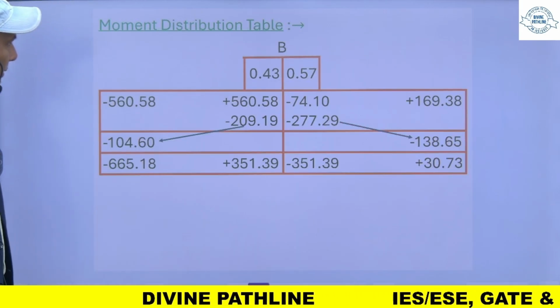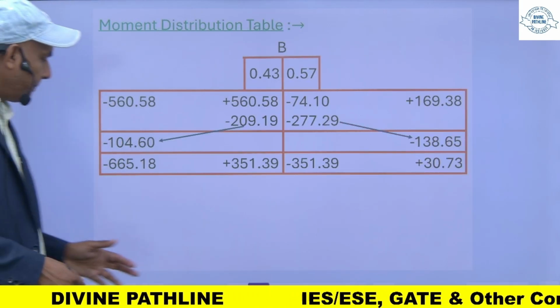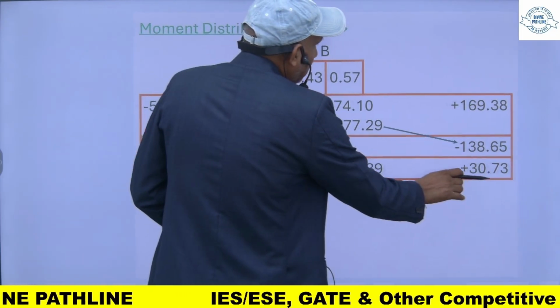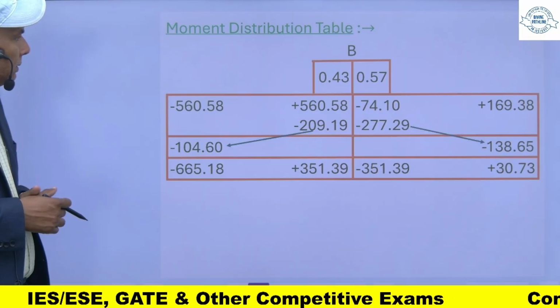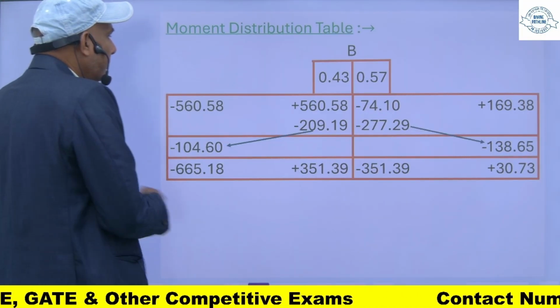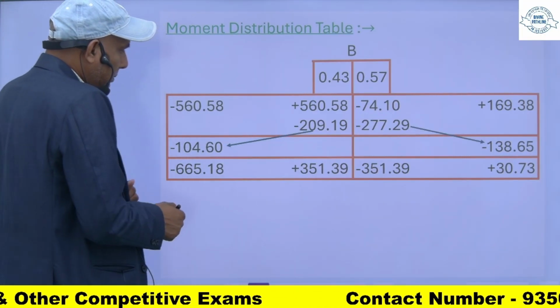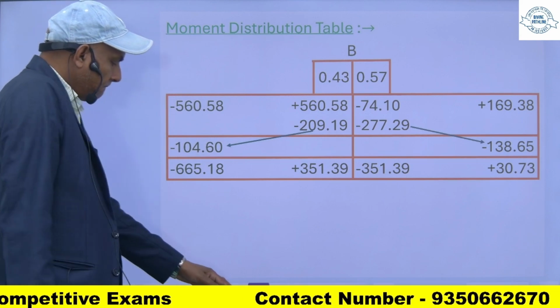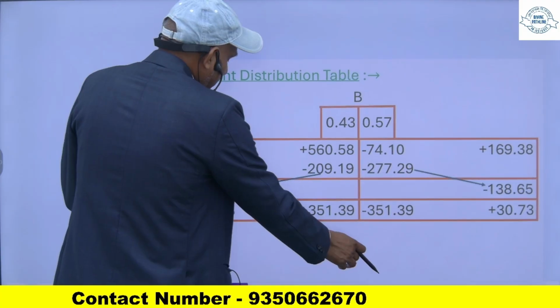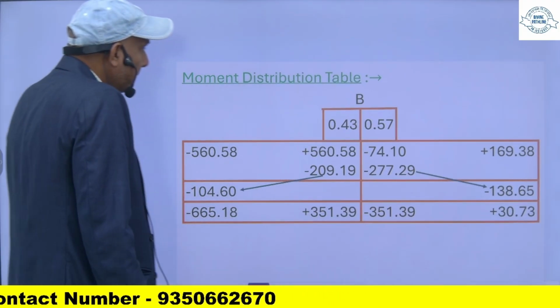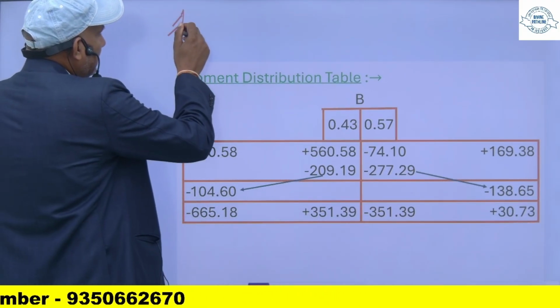Now this is my moment distribution table. So my beam is like this.